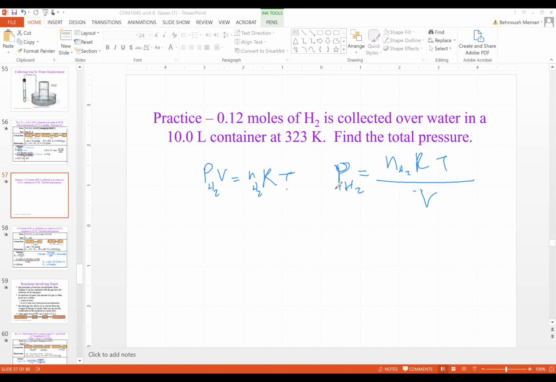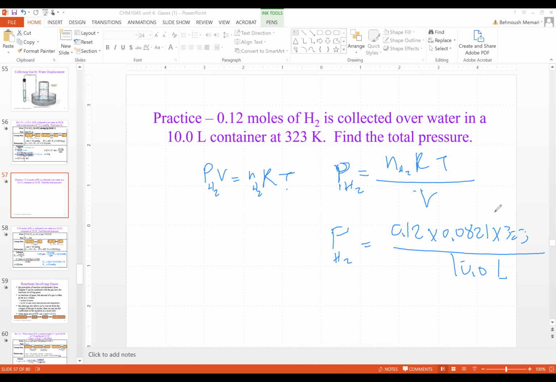Now, see what we have here. We have the n already, so the pressure of H2 equals 0.12 times 0.0821 times the temperature, 323, over the volume, which is 10.0 liters.